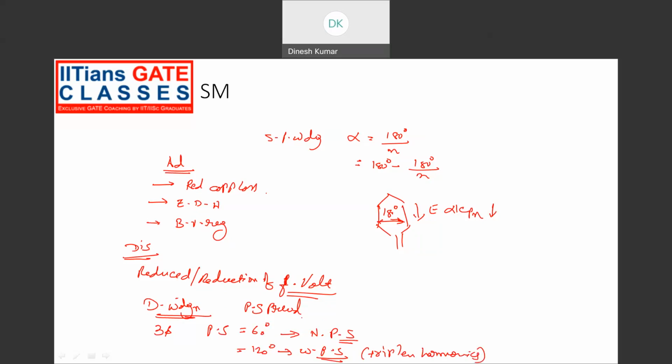So what are the advantages of distributed winding? The induced EMF will be more sinusoidal in shape. Second, the armature winding will be well balanced mechanically.